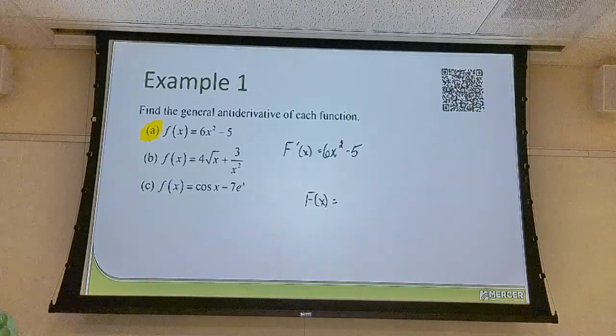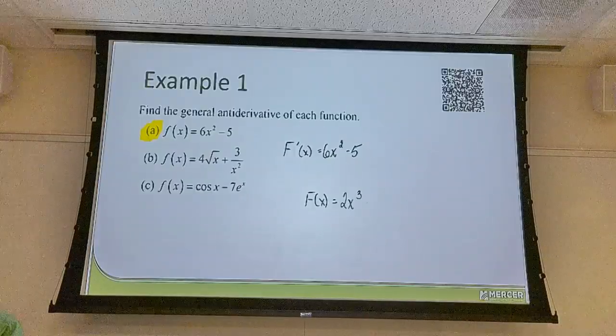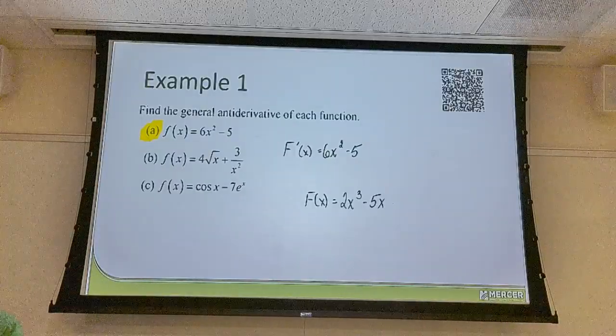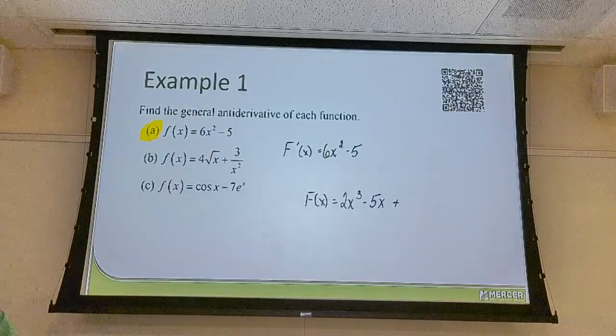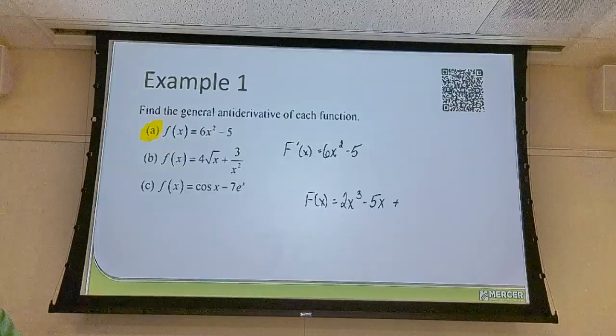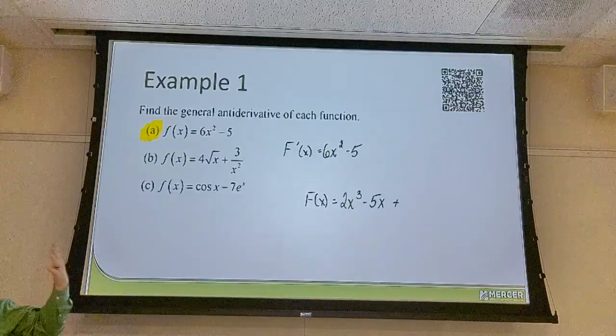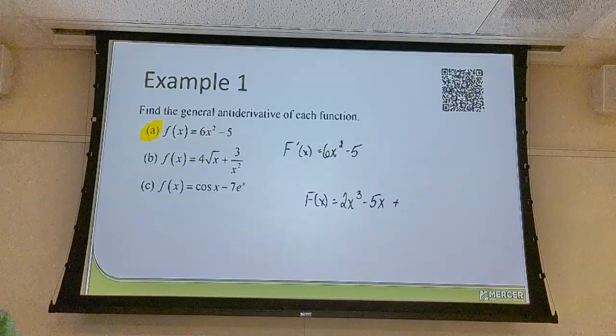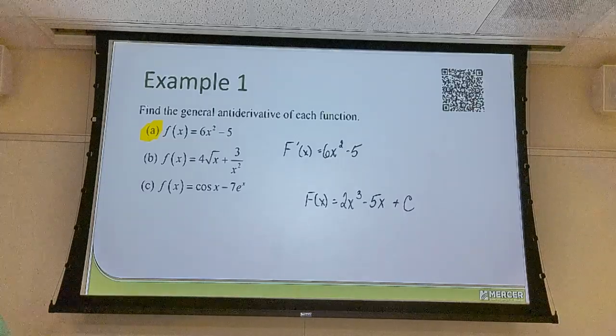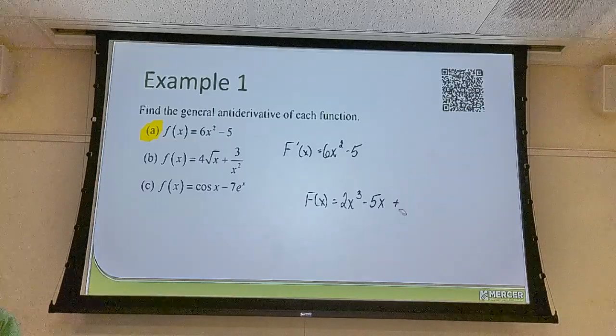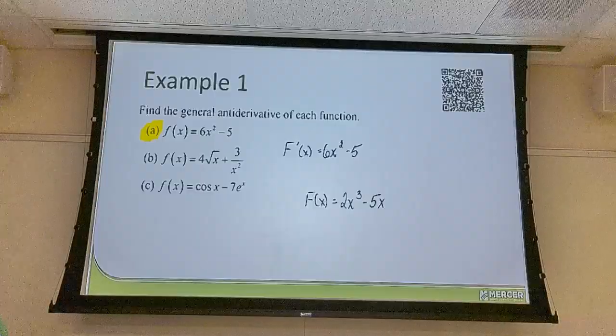2x cubed minus 5x plus c. Right, so I ignore the constant for now, and at the end I go, okay, there's my antiderivative. Now add any constant to it. By the way, that is called the simple antiderivative.